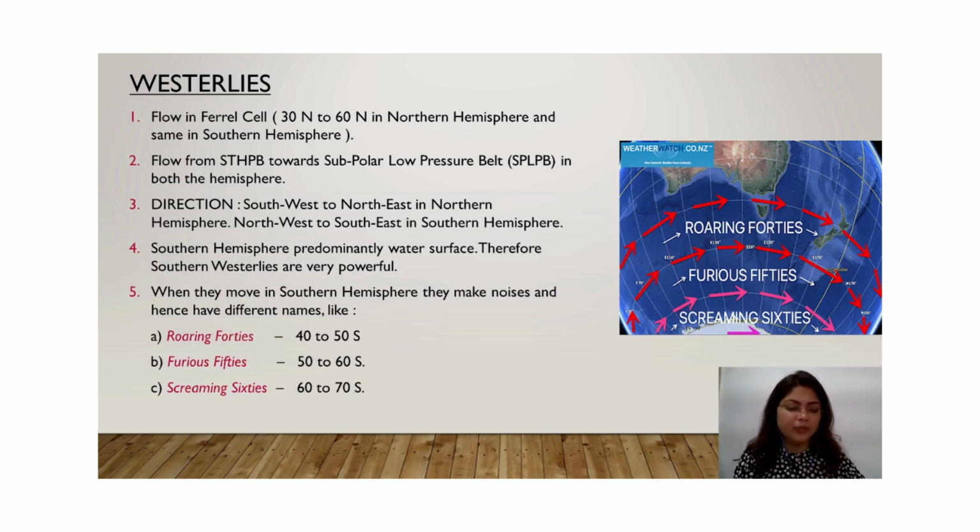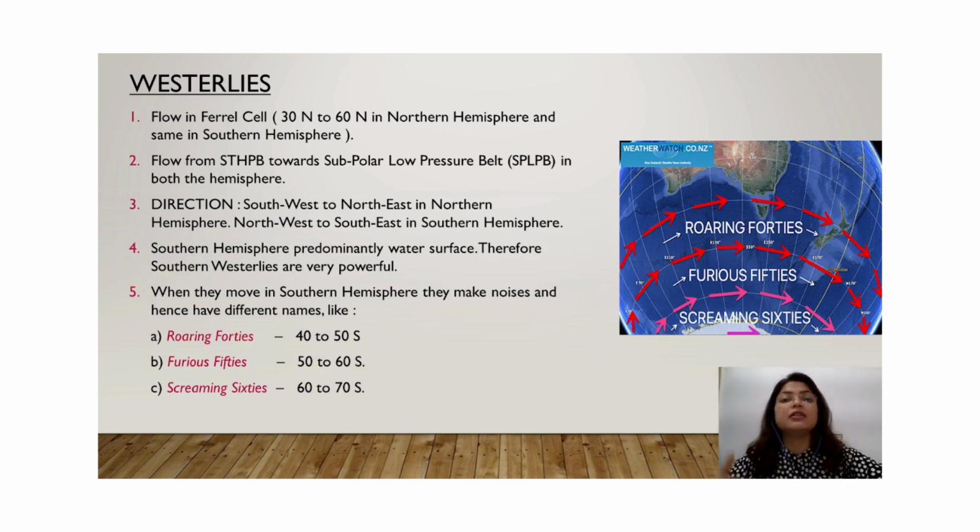At different latitudes they come with different speeds and make different noises, due to which they are named differently. For example, here you can see roaring 40s. Roaring 40s means they are blowing between the latitudes of 40° south to 50° south.